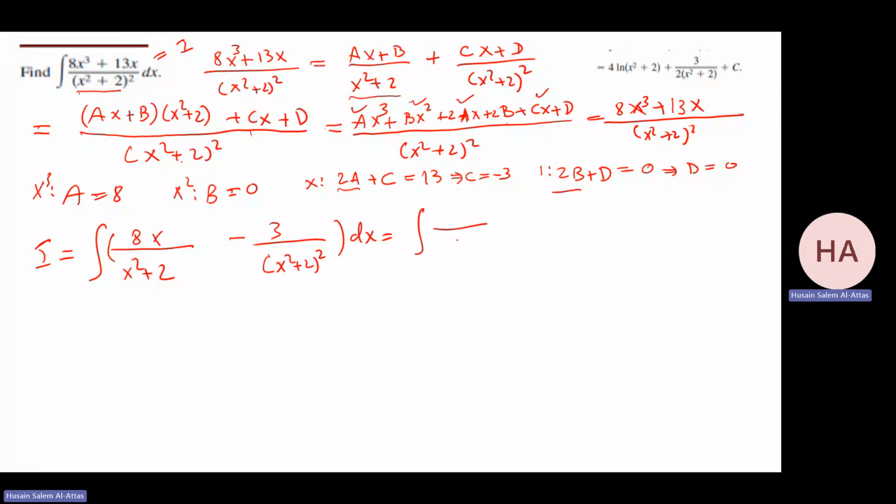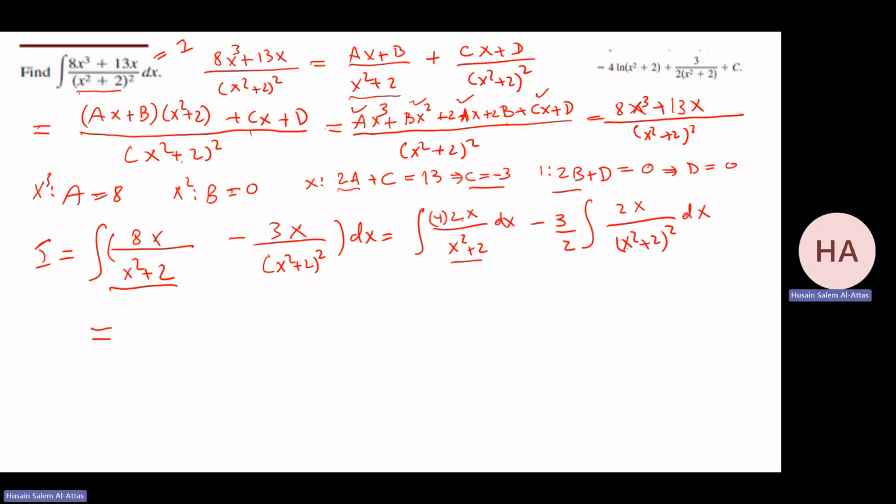I can do each integral alone. This is u, I need 2x times 4 dx, minus, take the 3 out, I have (x squared plus 2) all squared. By the way, this is 3x. So I have x here, so I put 2 over 2. Don't forget the dx.